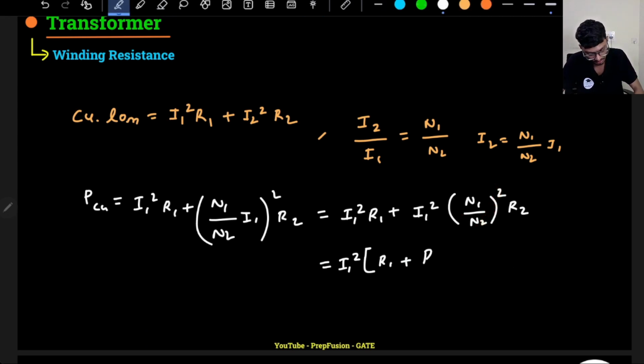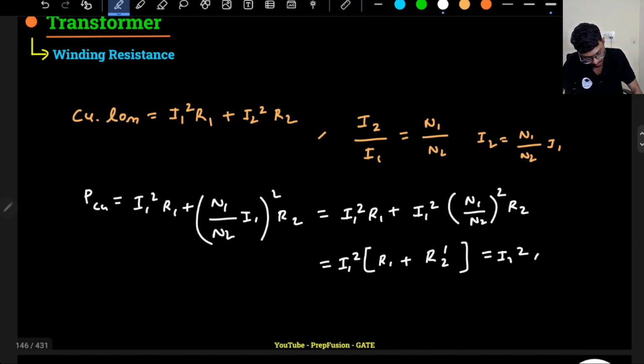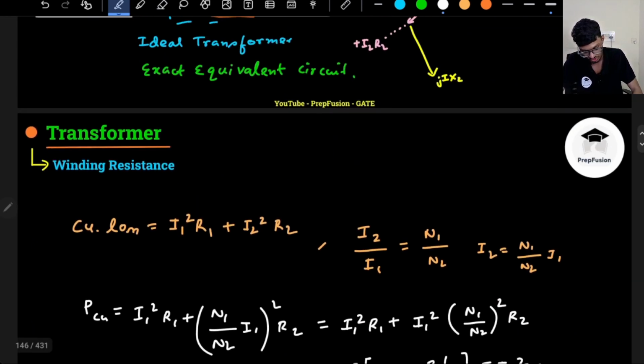This is basically referred, right? R2 dash, referred to the primary. So this is actually the equivalent impedance seen from the primary. So this is equal to I1 square R01. What does it mean actually? What is R01?